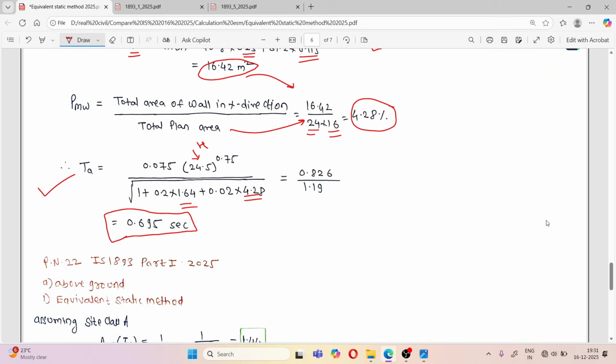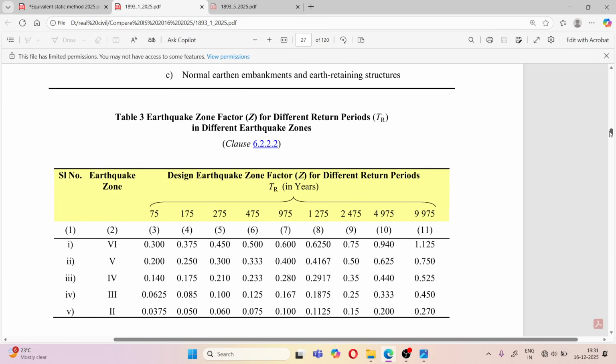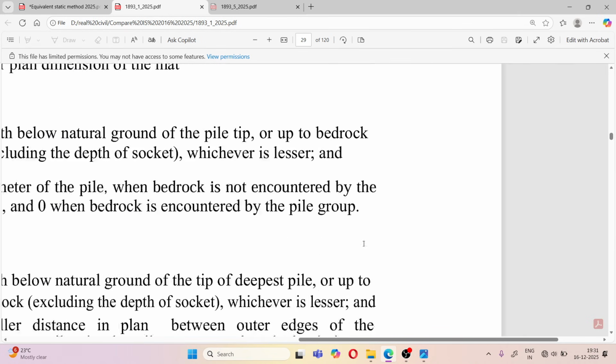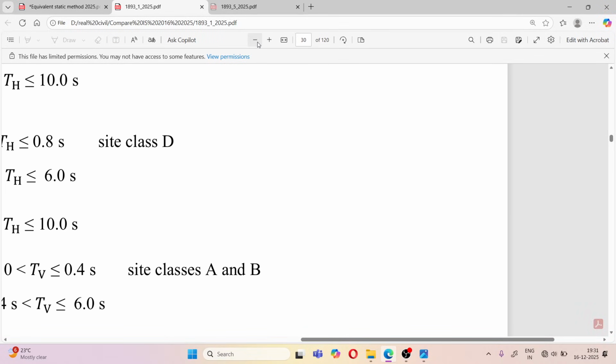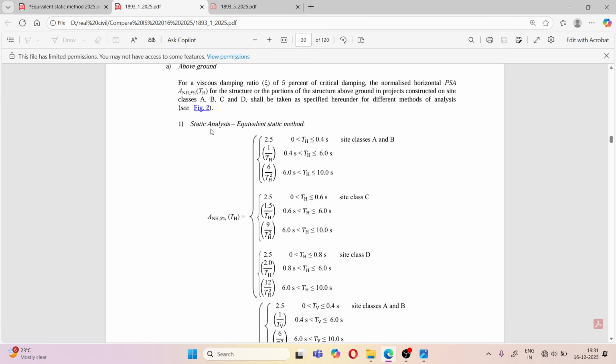Okay. Now using this time period, we have to find A_NH(T_H). We are assuming site class A. So you can go to page number 22, static analysis, equivalent static method, site class A and B. We have assumed this site class.